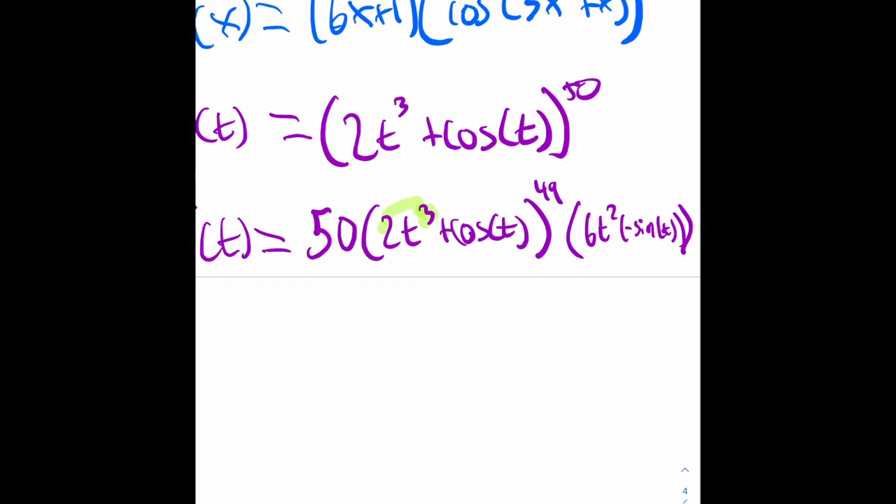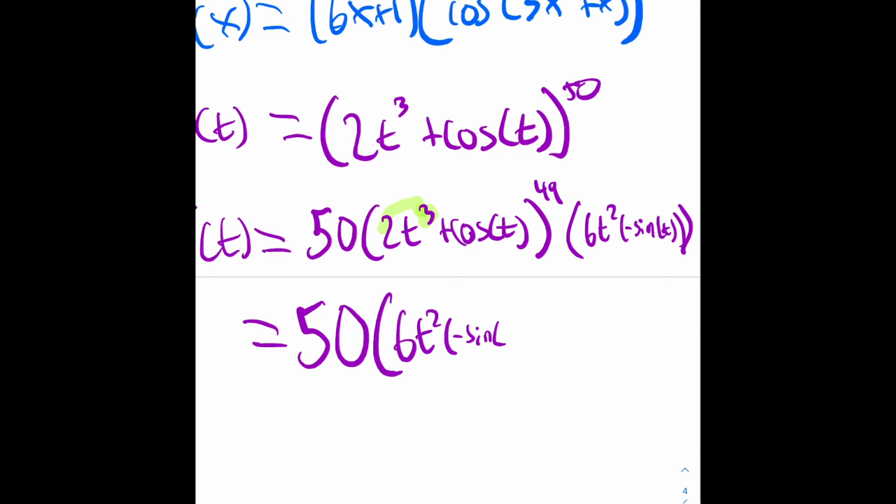So now when I look at what I have, I'm going to rearrange my answer so that I have a final answer of 50 times 6t squared, which is 300t squared, multiplied by negative sine of t.